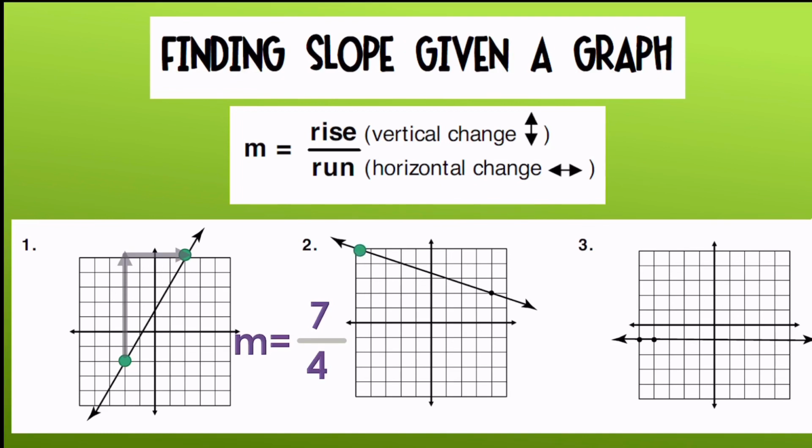So let's look at 2. I have my point here, and I have my point here. Now, I'm going to write my m. This time, my rise was actually a fall. I went down. So if you count, you go down 1, 2, 3. I went down 3, but we're going down. So going down is a negative. But then I am running to the right.